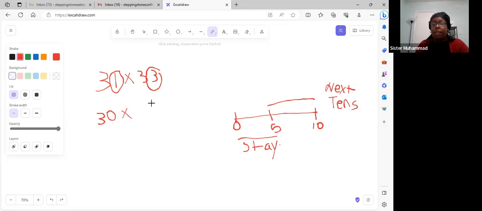And that means we're going to stay in the 30s. And we're going to change our 3 to 0. We're going to multiply 3 times 3, which is 9. And we're going to move our zeros. Be careful not to say add, because we're not adding, we're simply moving our zeros. And that will give us an answer of 900.